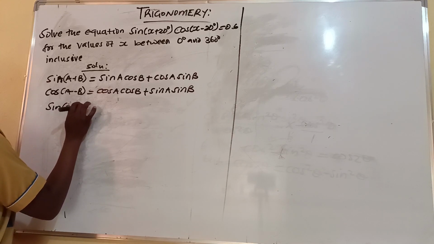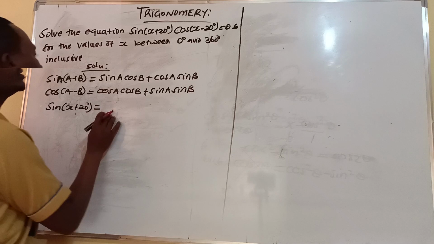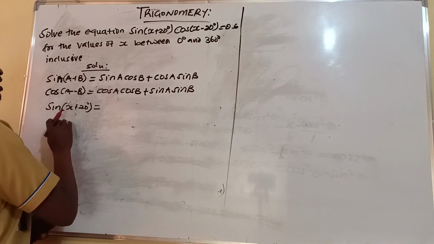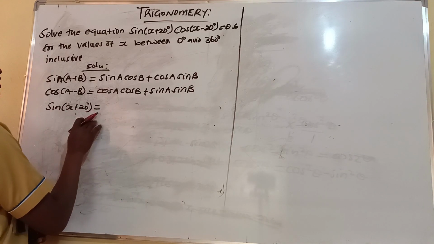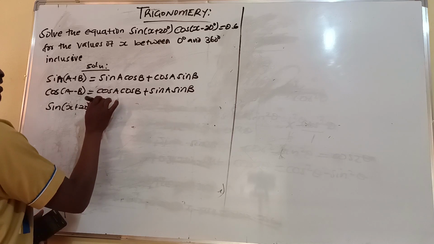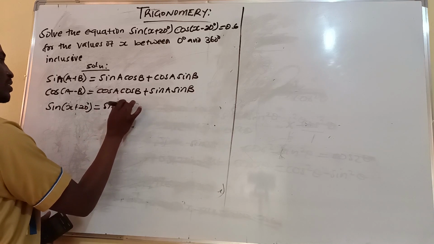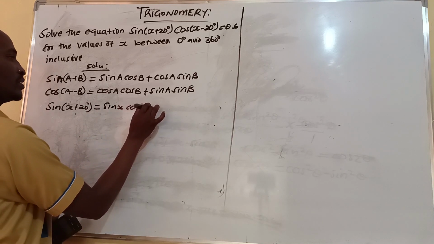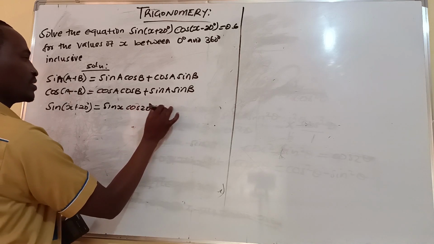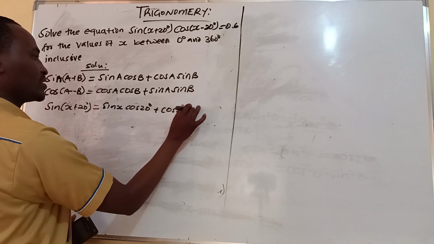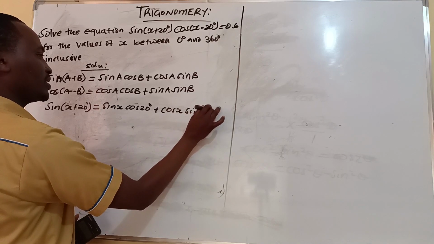Which now means sin(x + 20 degrees) is equal to sin x cos 20 degrees plus cos x sin 20 degrees.